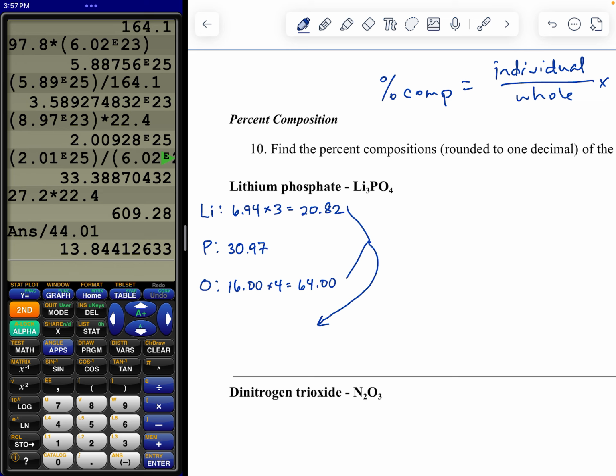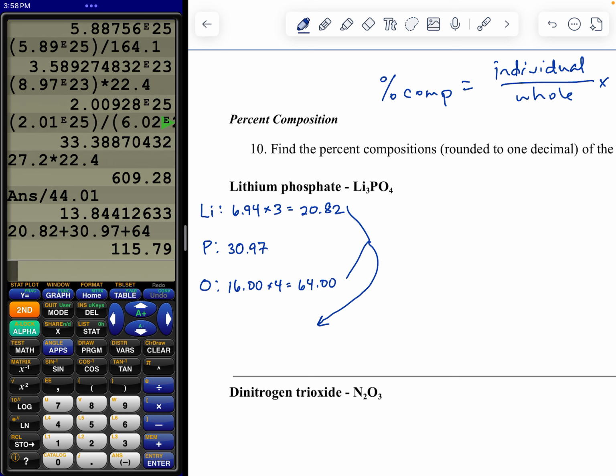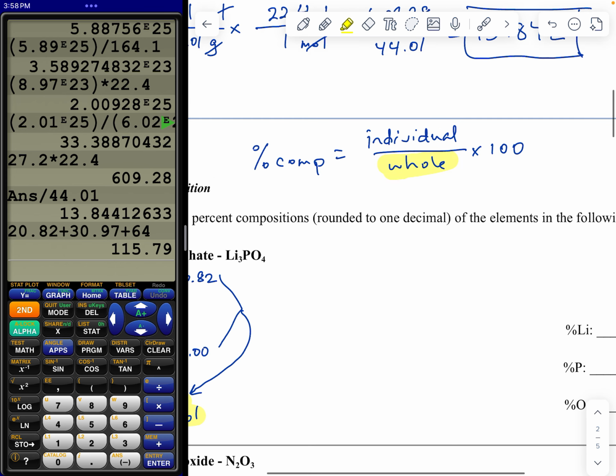I'm actually going to put that total down here. So we're going to add up the 20.82 plus 30.97 plus 64. That gives us 115.79 grams per mole, right? That's the total molar mass. So we're going to use this value as our whole, right? That's going to be the whole.